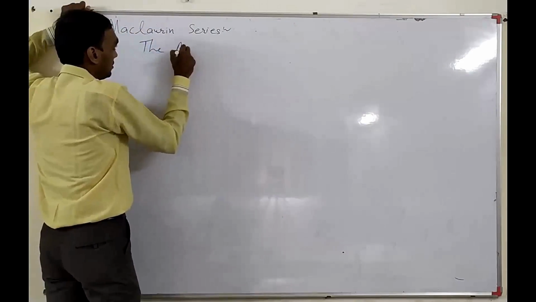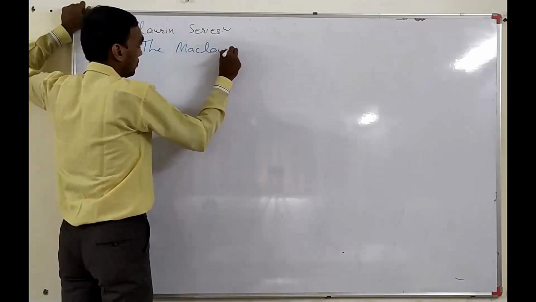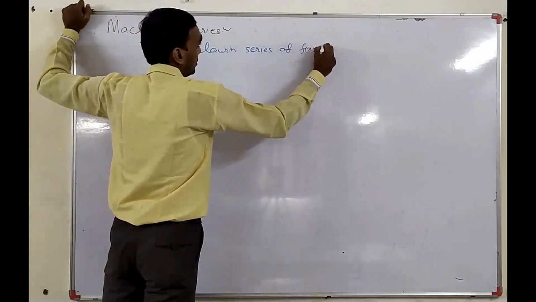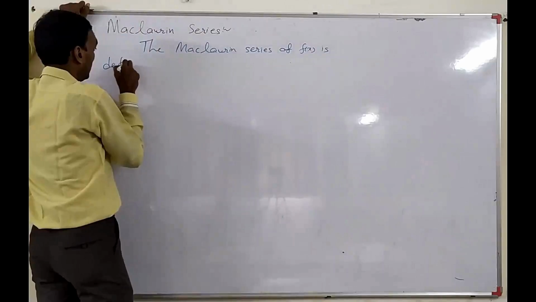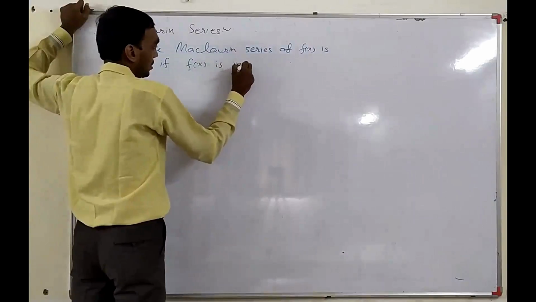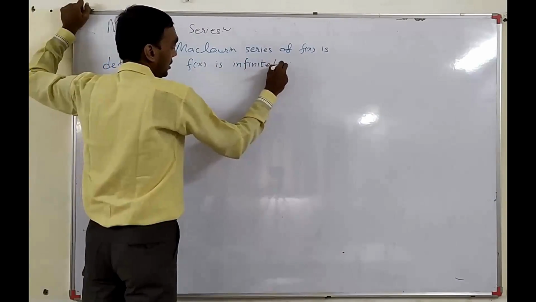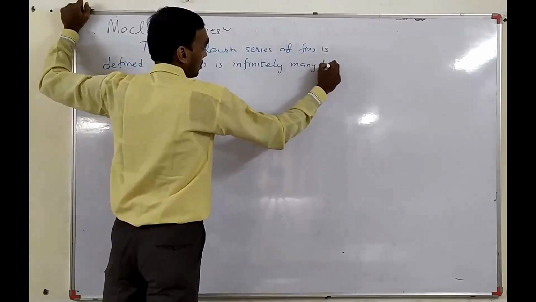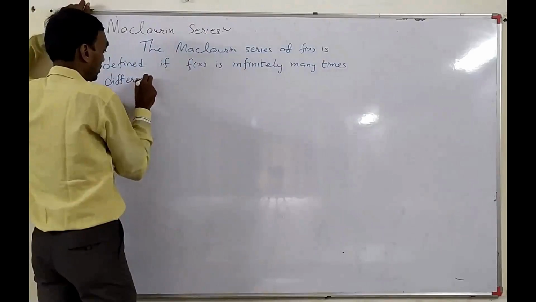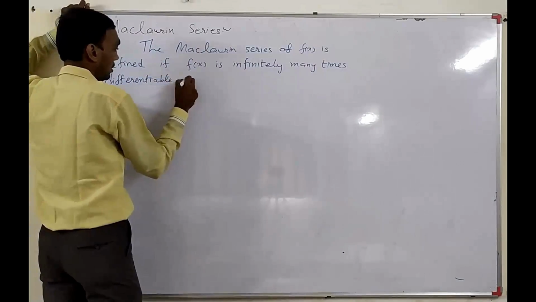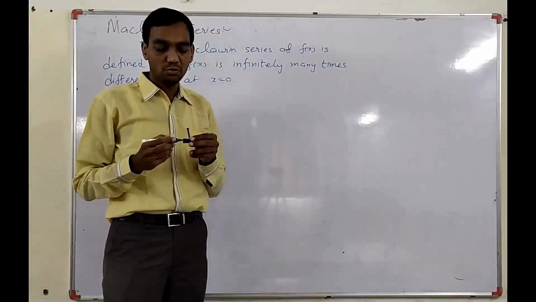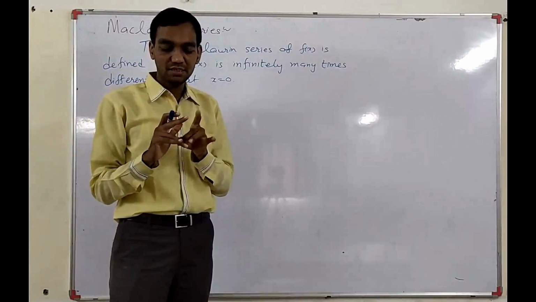The Maclaurin series of f(x) is defined if f(x) is infinitely many times differentiable at x equal to 0. So what we are going to do is basically find the Taylor series at a equal to 0.